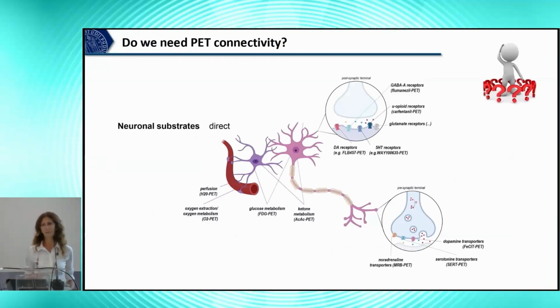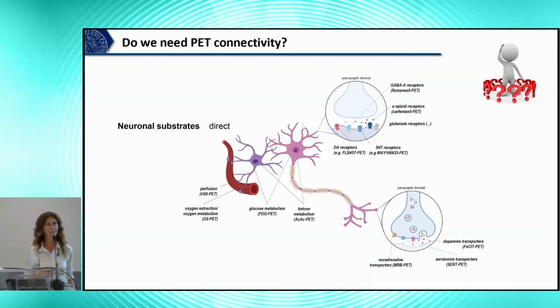We can say we have fMRI now. We have a lot of interesting and important results, and fMRI provides a lot of information describing the network, together with EEG. So really, this was the past, the time of PET.